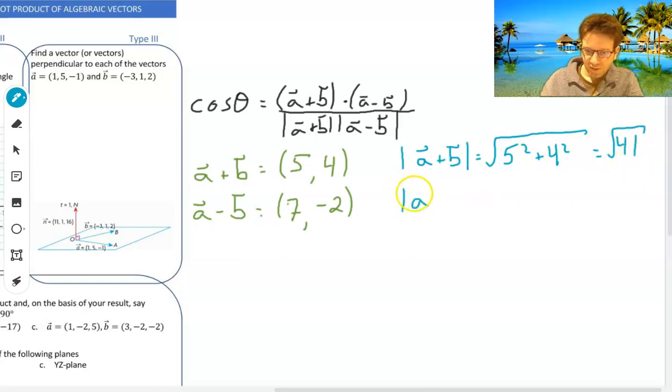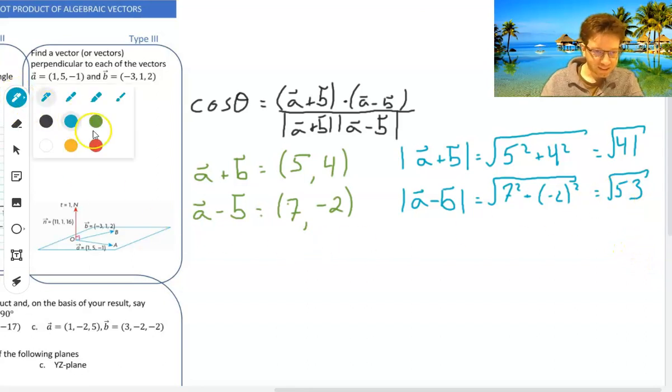And the magnitude of A minus B will be the square root of 7 squared plus negative 2 squared, which is the root of 53.